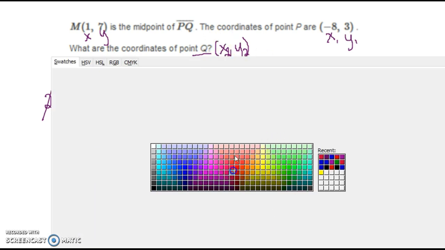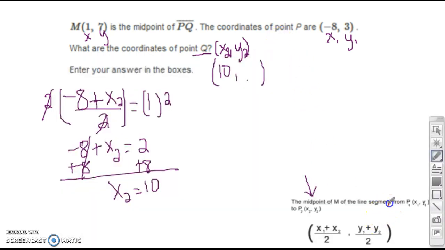And then I'm going to do the same thing for y. So I'm going to take my midpoint formula. My two endpoints are 3 and we don't know yet. So I'm going to say 3 plus y2 equals the y value of the midpoint, which is 7. And I got to divide this by 2. Oops, forgot about that.